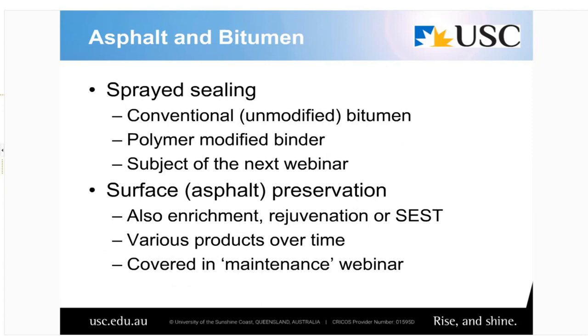For those of us in very remote and rural areas, we use a lot of bitumen in spray sealing, and quite often that's a conventional or an unmodified bitumen, but increasingly it's a polymer modified binder.